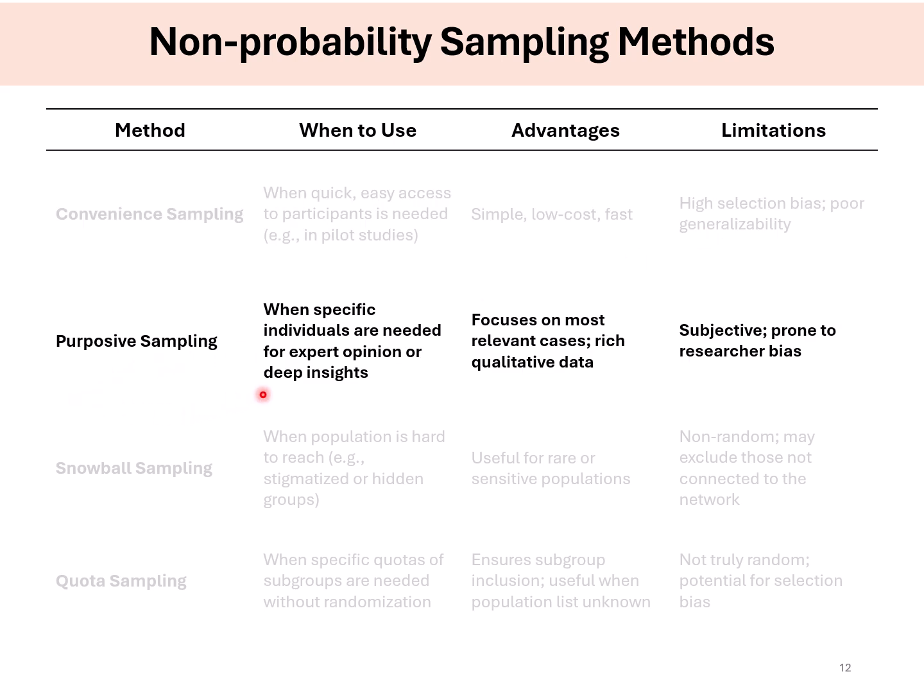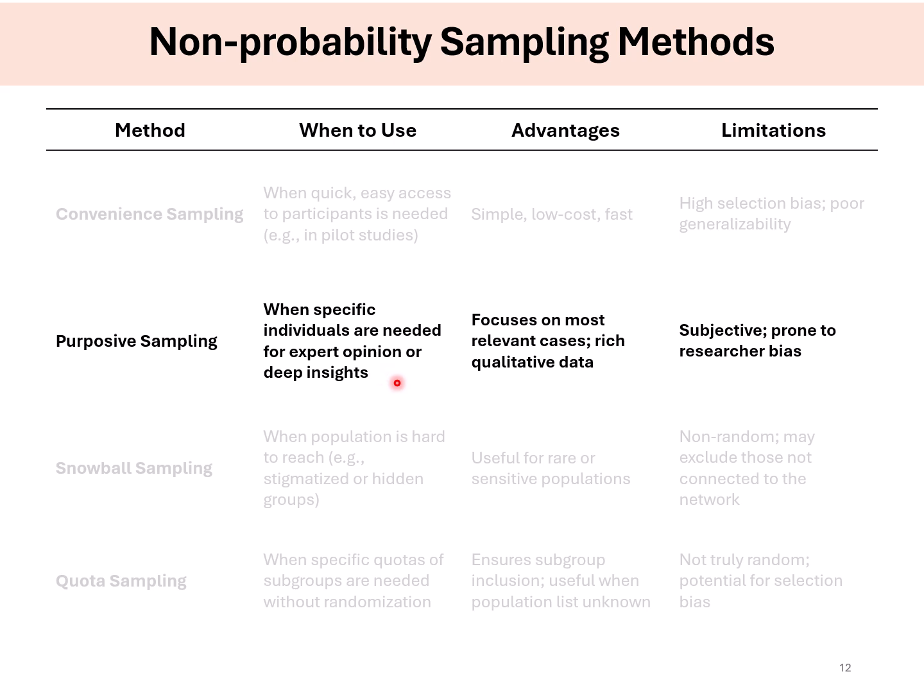Purposive sampling. When specific individuals are needed for expert opinion or deep insights. For example, in qualitative research, we want those key informants, those individuals who are experts, or who have a clear insight of the problems, and they are more vocal as compared to others.